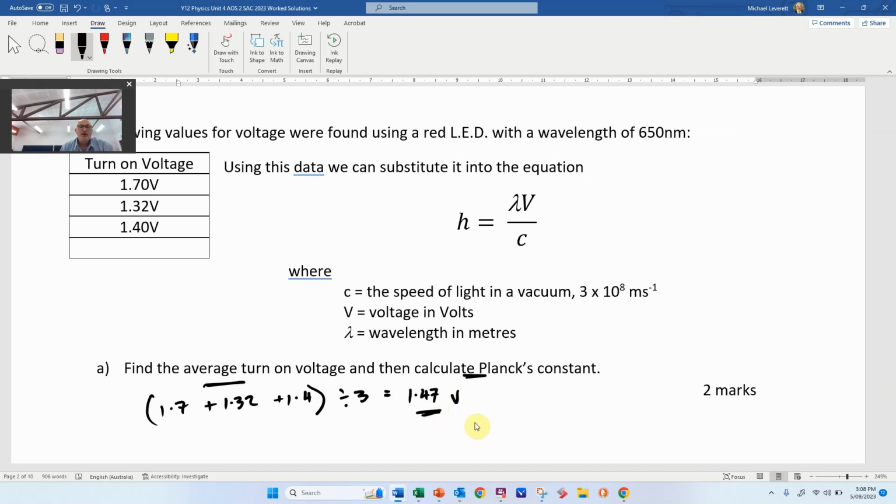Next part says determine Planck's constant. So Planck's constant is equal to H equals lambda V over C. So the wavelength up here tells us 650 nanometers, so 650 by 10 to the -9 times by the average voltage, which we have is 1.47, over speed of light, 3 by 10 to the 8.